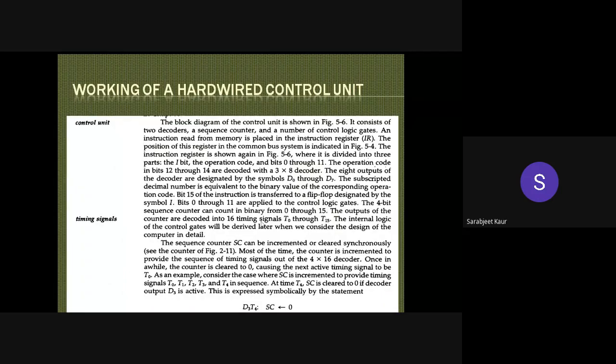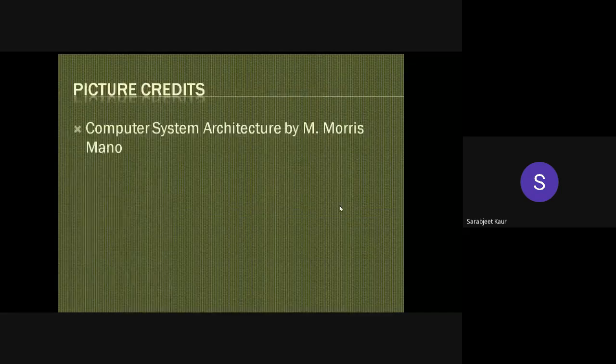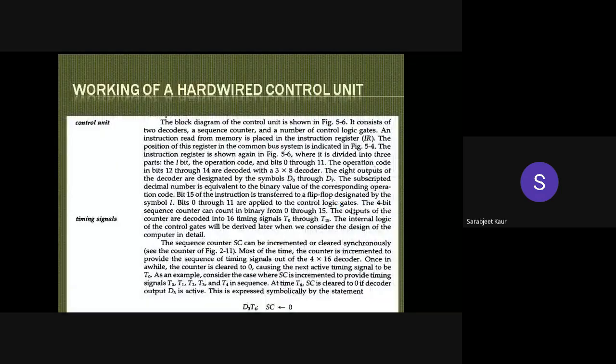Can you please read from here the 4-bit sequence counter. The counter can count in binary from 0 to 15. The outputs of the counter are decoded into 16 timing signals, T0 to T15.